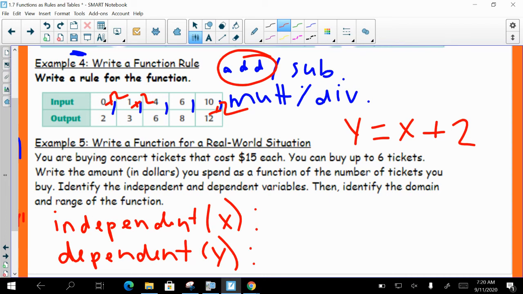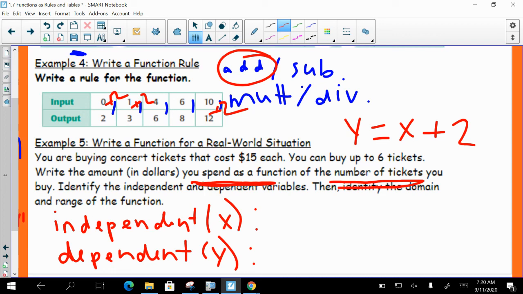Whatever the dependent variable is, it's going to depend on the other variable. So we have number of tickets and the total cost of the tickets. It says write the amount you spend, so this would be the total cost as a function of the number of tickets you buy.